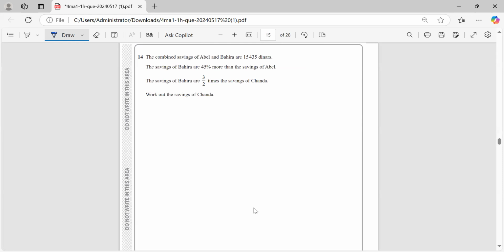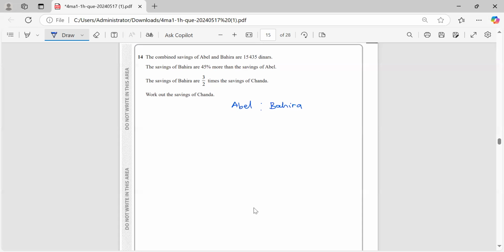So the first relationship that we've been given is the ratio between Abel and Bahira, right? So we've been told that the savings of Bahira are 45% more than the savings of Abel.